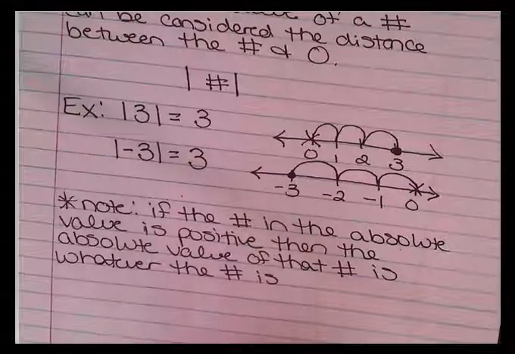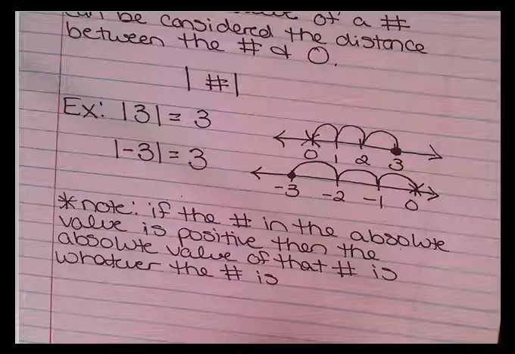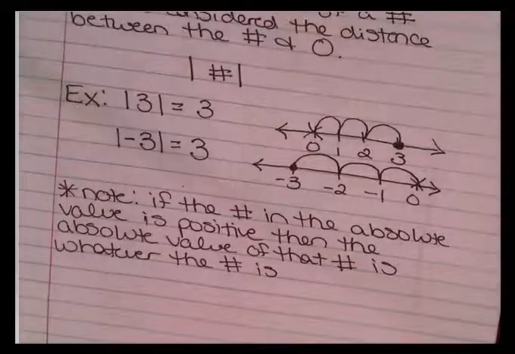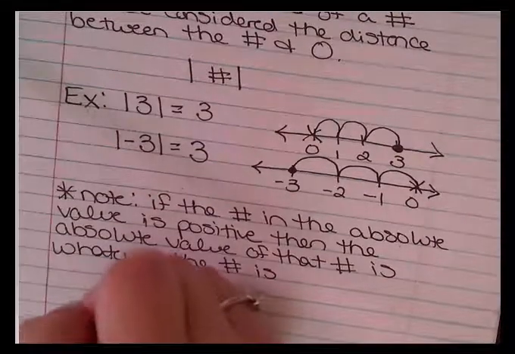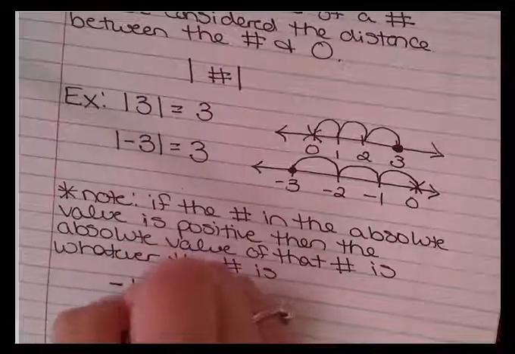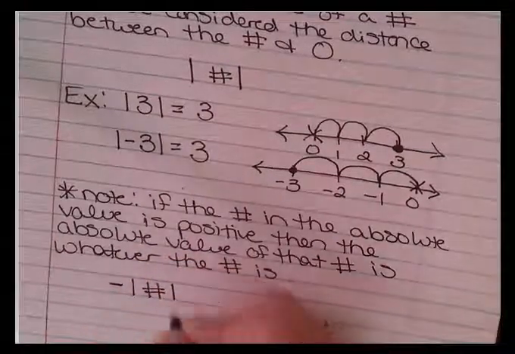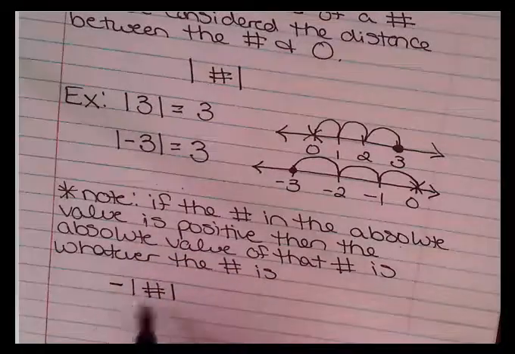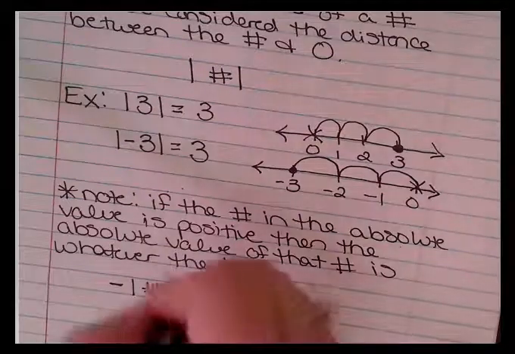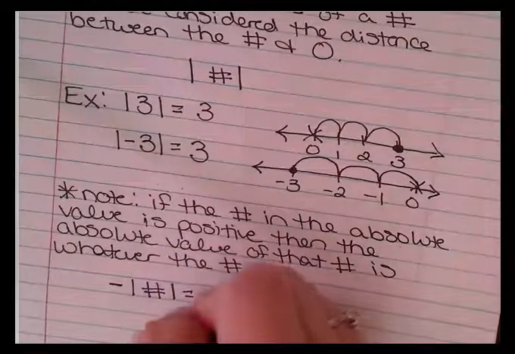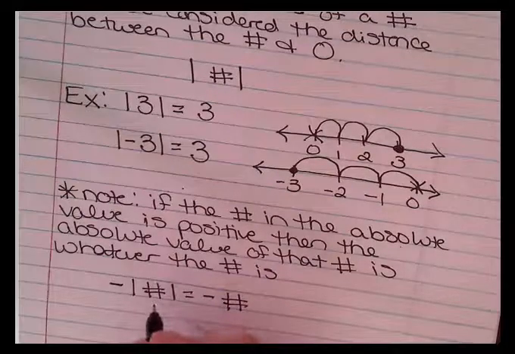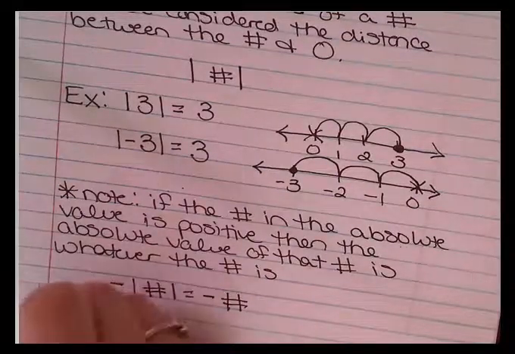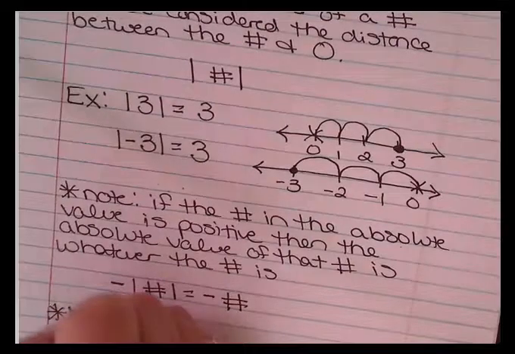All right, so what if we have some negatives outside of our absolute value? What if we have something that looks like this, where we have negative the absolute value of a number? This is always going to equal negative whatever our number is. So let me write that. Note, the negative of an absolute value is always negative.